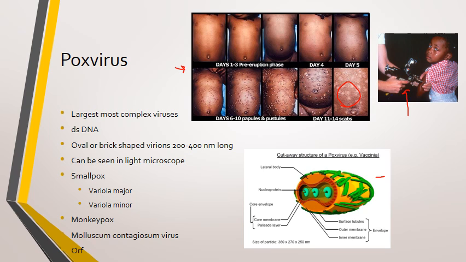In 2003, interestingly enough, rats are a very popular pet in the United States, and there was an import of rats from the Congo Basin as pets, which resulted in an outbreak of monkeypox in the United States, where each of the cases was able to be traced back to the pet shops that imported these rats from the Congo Basin.